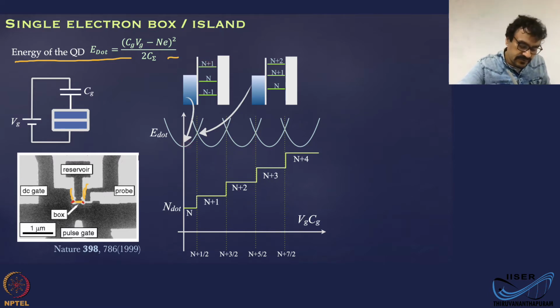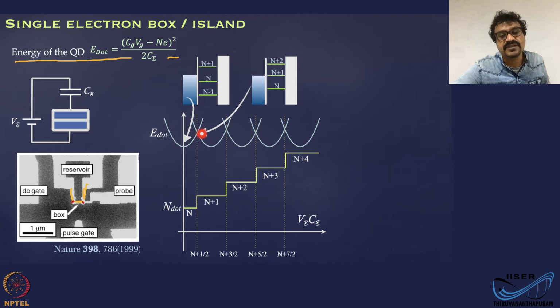Now when you vary the gate, you are going to walk through this parabola. At the point where the gate voltage is going to give you an effective charge of n plus 1 by 2, the parabola corresponding to n electrons and the parabola corresponding to n plus 1 electrons are going to meet at this point.